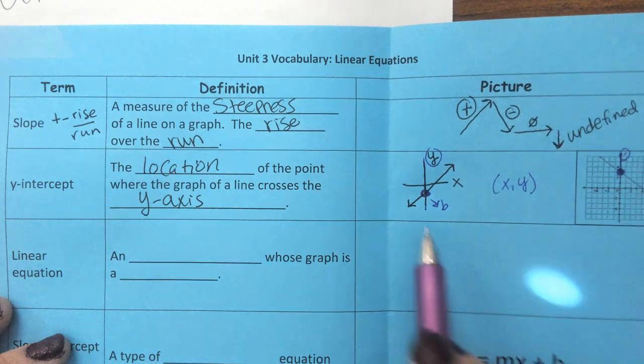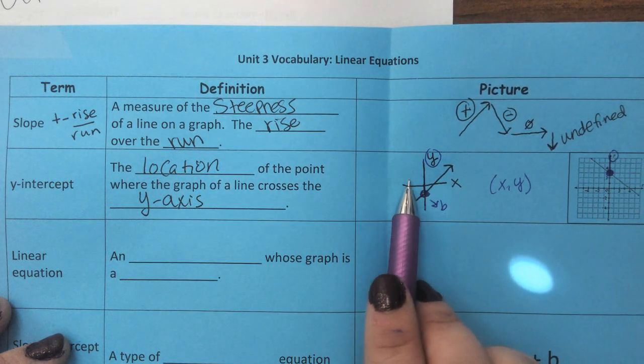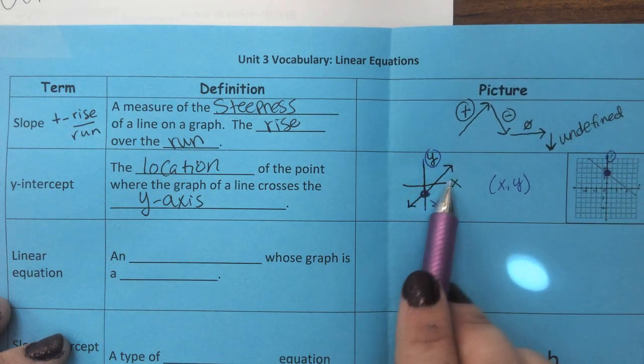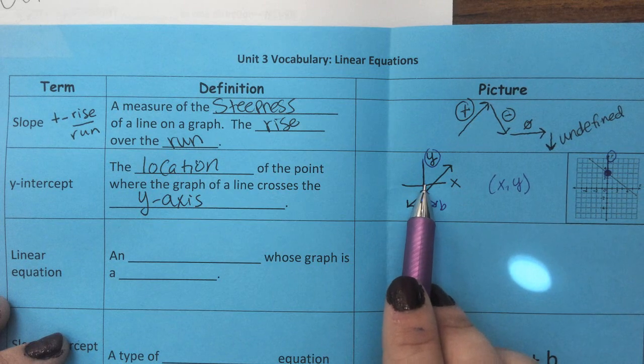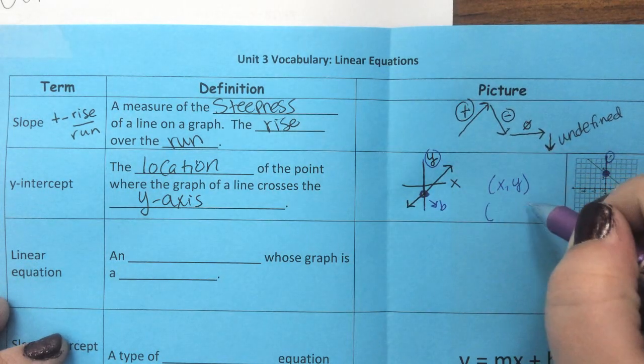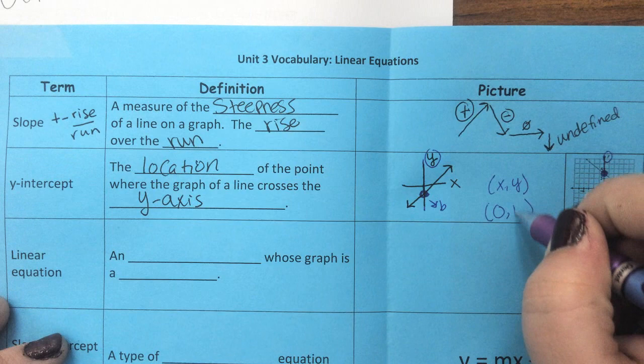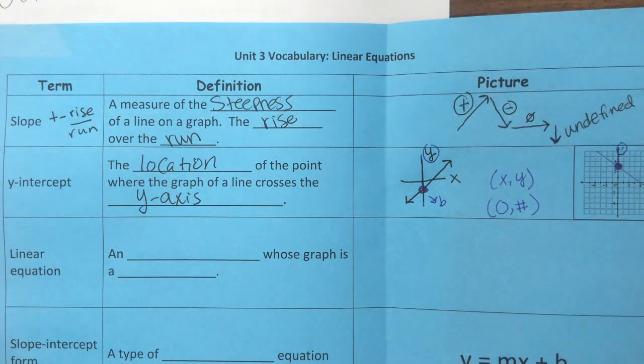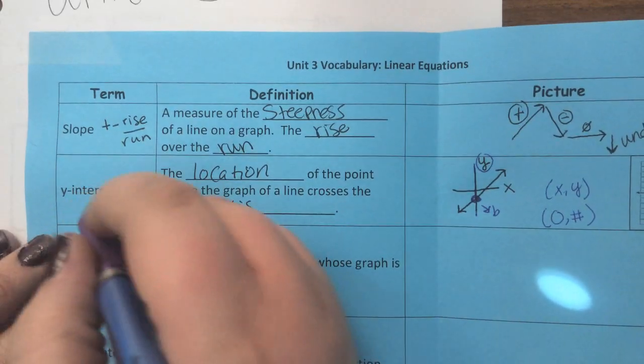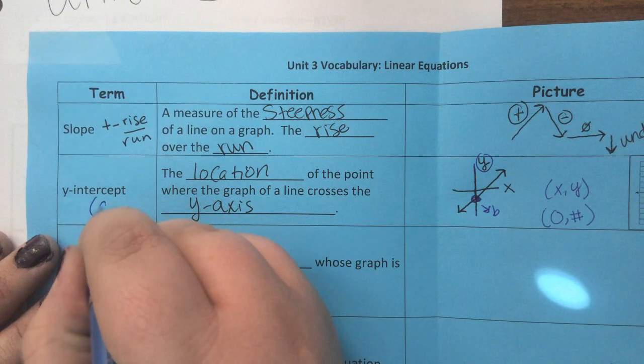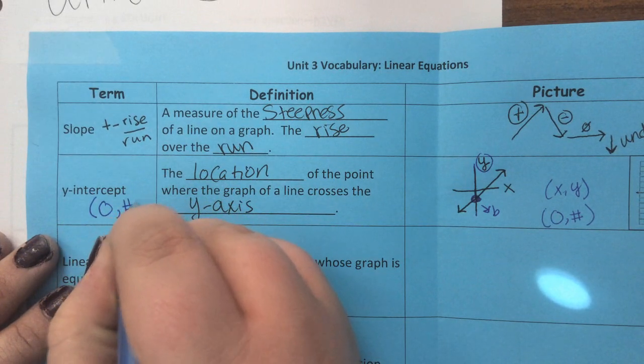On the y-axis, the x value isn't negative, and it's not positive. The x value side to side is 0. So to write the ordered pair for this, we have 0 followed by a number for the y value. Make that note over here at the y-intercept: 0, comma, some number.